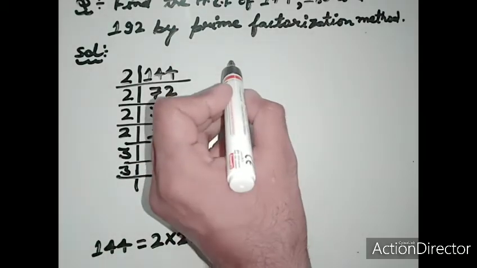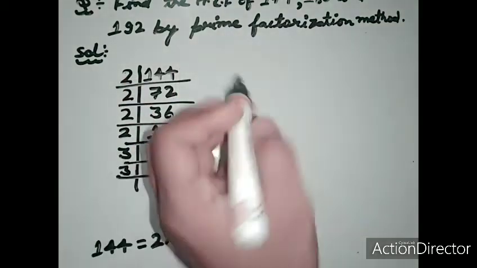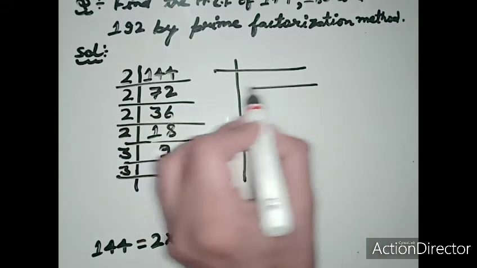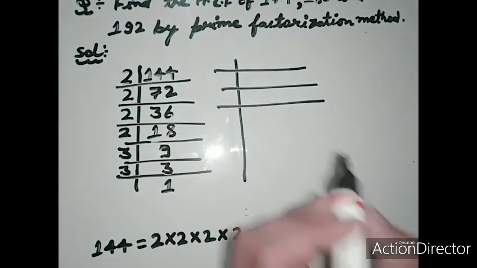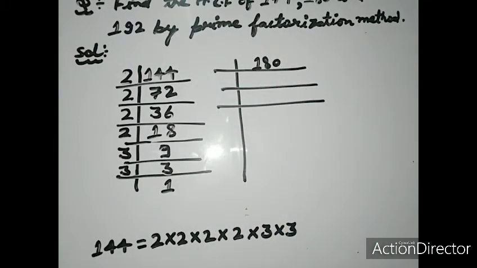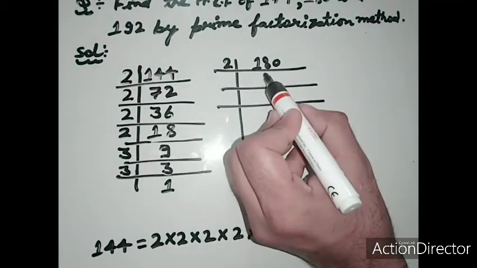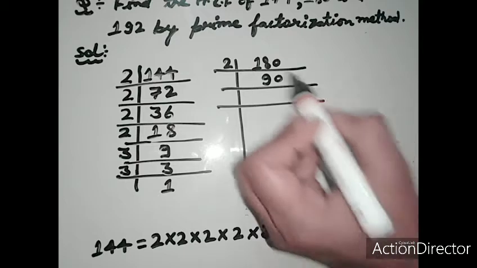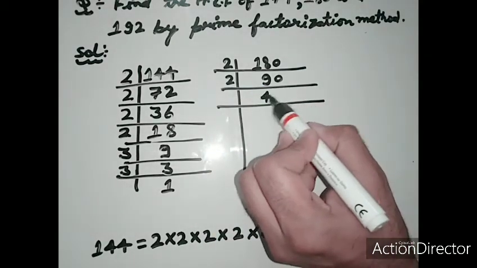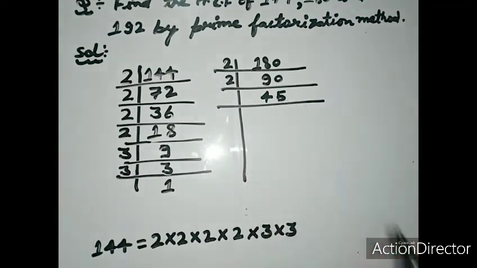Now we find the factors of 180. Now start from 2, 2 9s are 18, then again by 2, 2 4s are 8, 1 is left here, then this number changes into 10, 2 5s are 10.